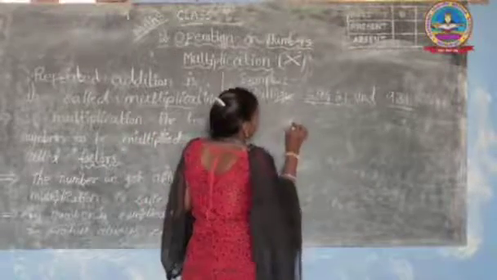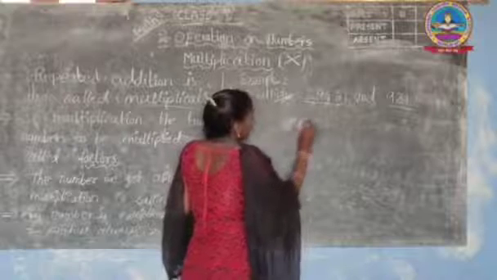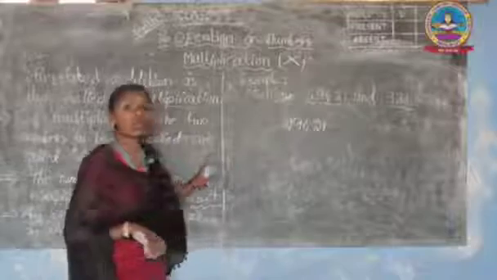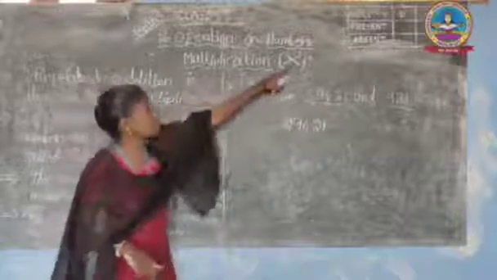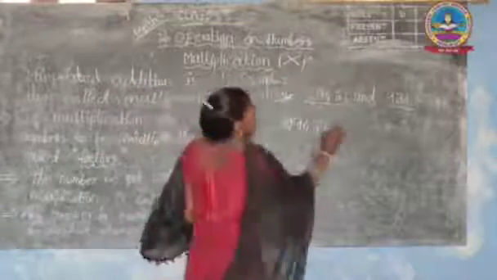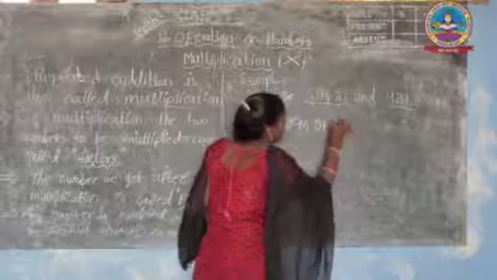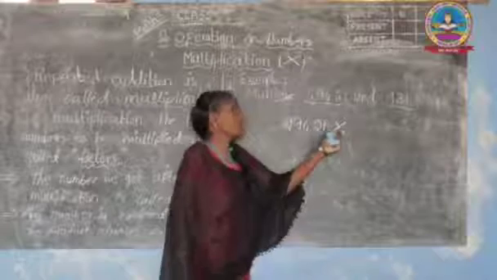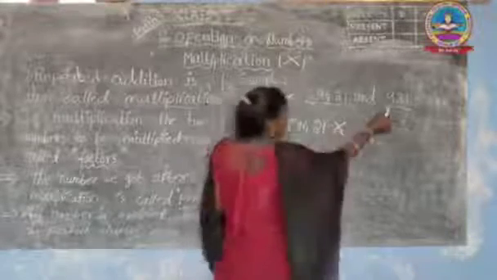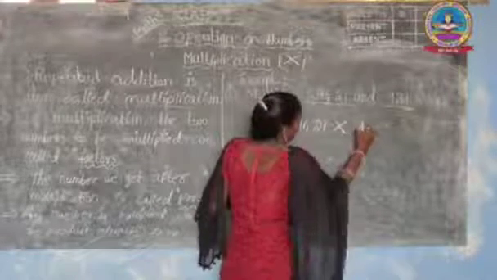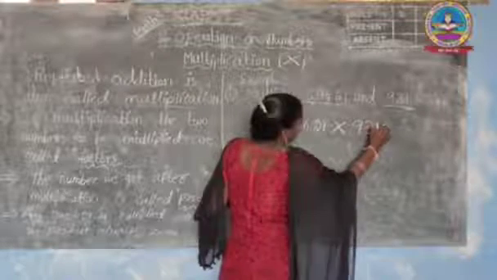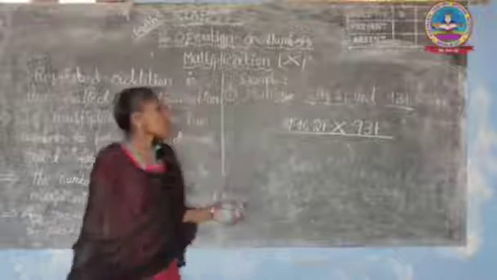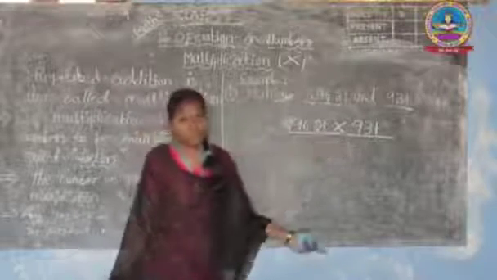First write the number 2, 9, 4, 2, 1. Now we use the multiplication sign, which is read as 'into', then 931. This is the multiplication statement.